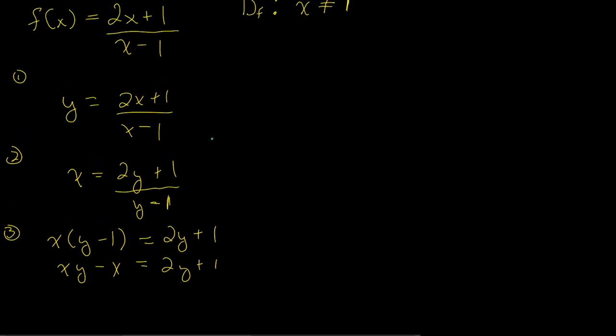So I'm going to bring this up here. I'm solving for y, so I want to gather my terms with y together. So I'm going to subtract my 2y from that side, right? Subtract this over to here, and I'm going to bring the x over to here. Now, both of these have a factor of y, so I can pull the y out front.